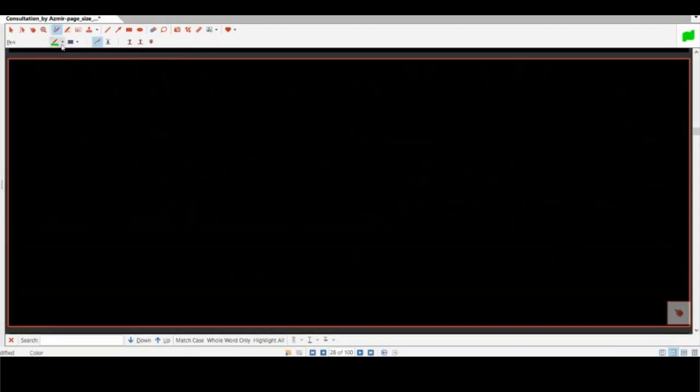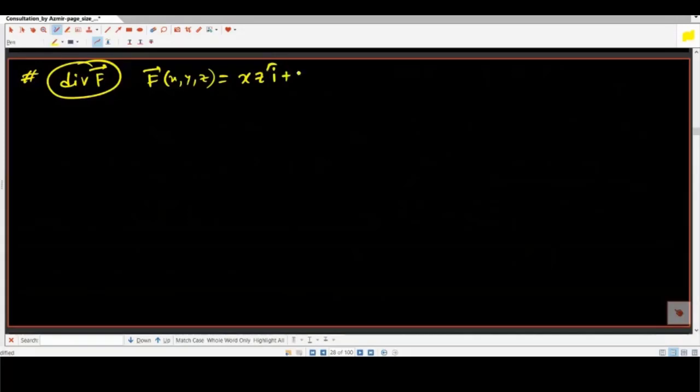So let's say we are going to find the divergence of f, where f is a function of three variables x, y, and z, that is equal to xz i plus xyz j minus y squared k. So we have to find the divergence of this vector field f.